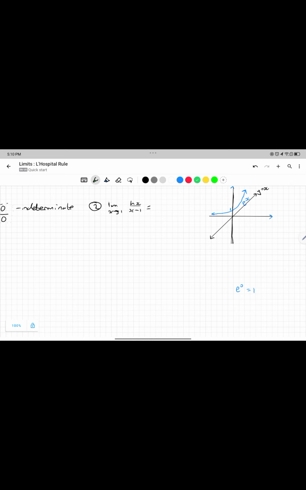If we were to reflect it along that line, we'd get a function like this. See, it's a mirror image. Now this function is ln. The ln function. Specifically, it's ln x.